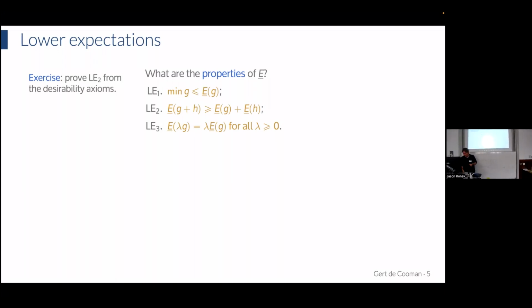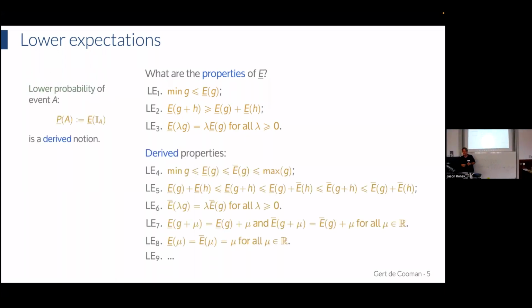So you have something like this. Okay. There are a number of derived properties. These are good exercises. They're really cool. The lower expectation is always dominated by the upper expectation. And both of them are squeezed between the minimum and maximum function. Property 5 is very cool. What we call the combined super additivity properties.